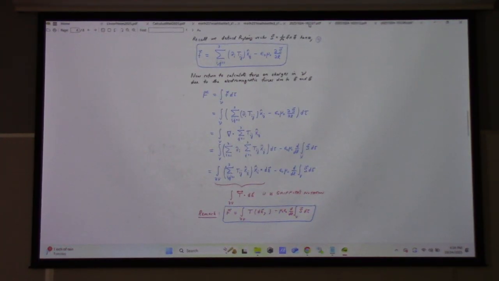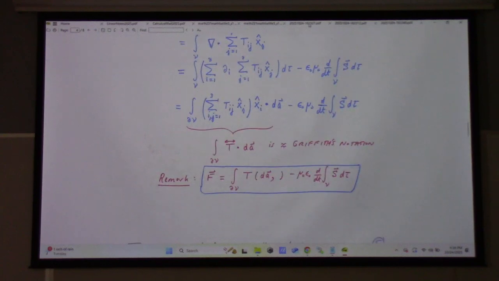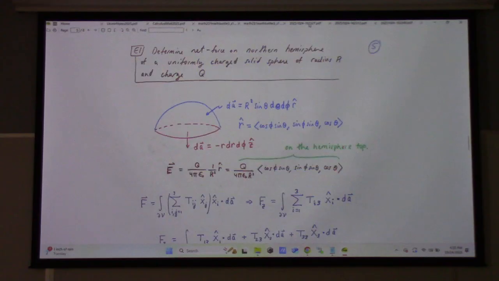And then I basically said, okay, if we integrate the stress energy tensor over the boundary, as well as the Poynting vector over the volume, then that gives us the net electromagnetic force on the volume. And then I started working this example last class, and about 20 minutes later I was like, enough, you know. But I can't leave well enough alone, so I finished the example.